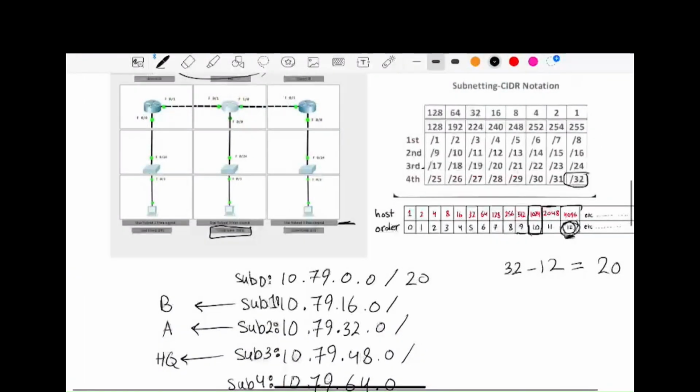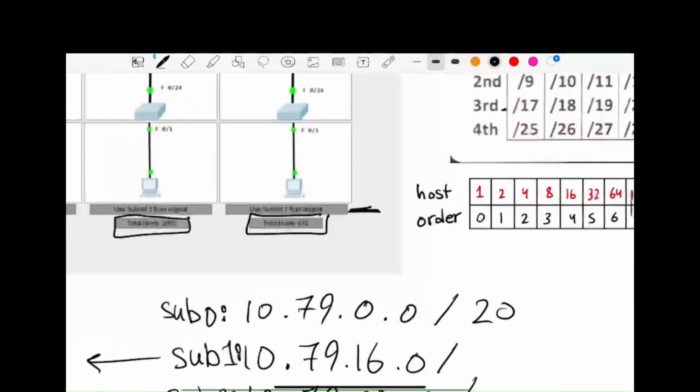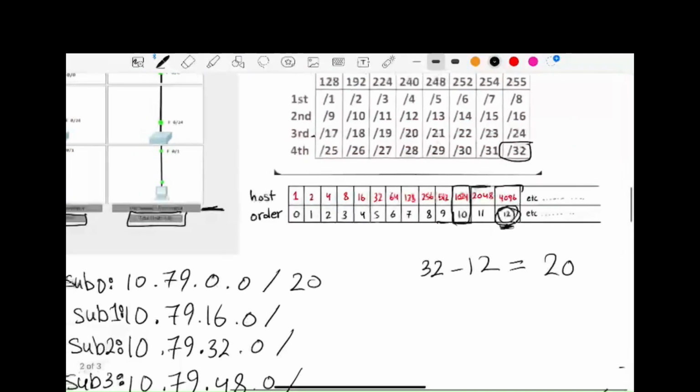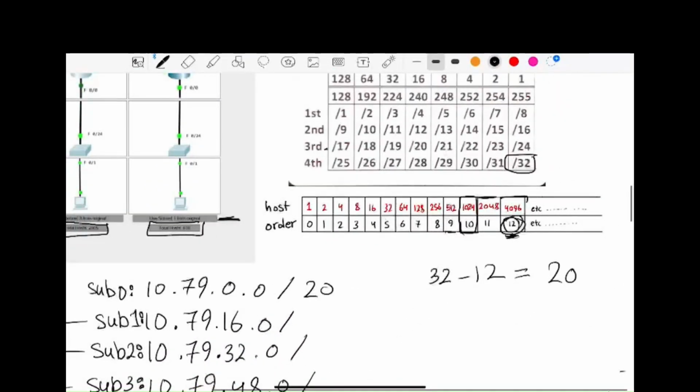We see here that branch B wants a subnet mask that fits 610 hosts. We can go to our list here. We know 500 is not enough, so we will get 1,000 hosts. We can do that by 32 minus 10, which is 22.